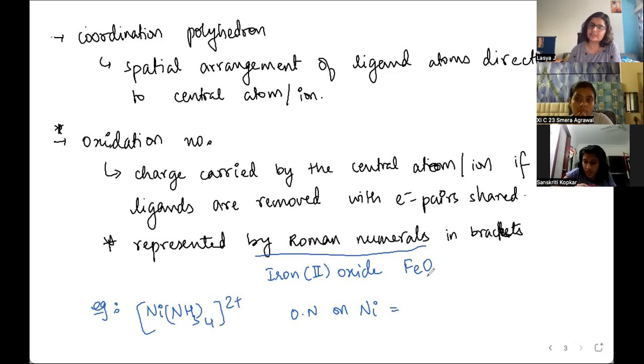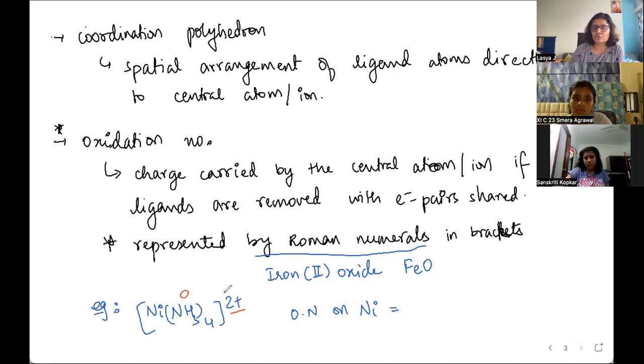It is very similar to how you generally calculate oxidation number in any given compound. Are you giving it a try, or should we do one together first? +2. Okay, how did you get +2? Ammonia is neutral, so it does not contribute any charge. If you take x for Ni, then x plus 0 is equal to +2.